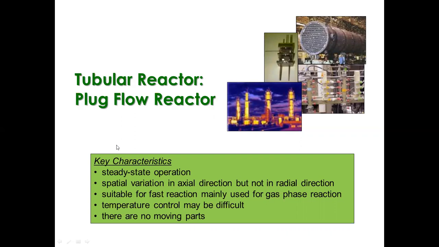But from the center of the axis outwards, that's referring to radial direction, the composition is not varying. So from the center of your tube or your plug flow reactor, there is no change in concentration. That's radial direction. But along the axis, there is.